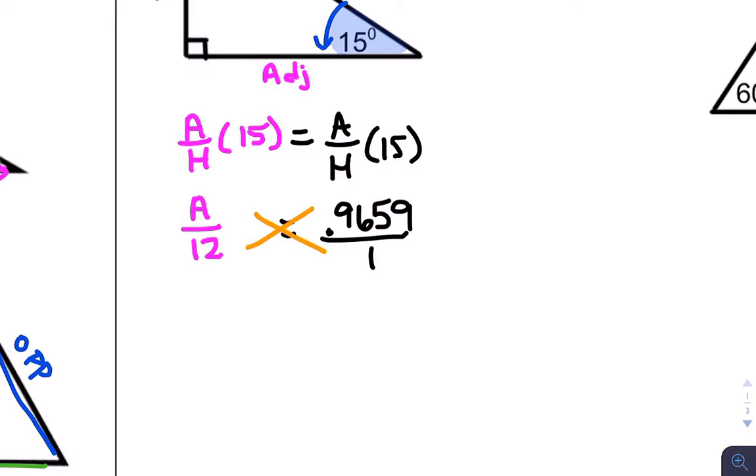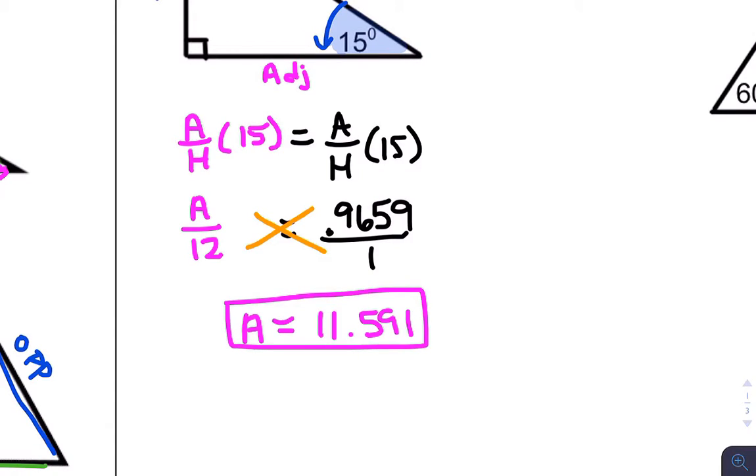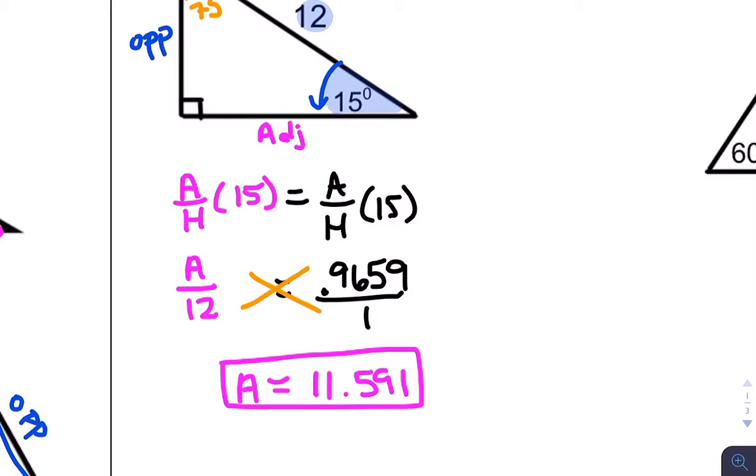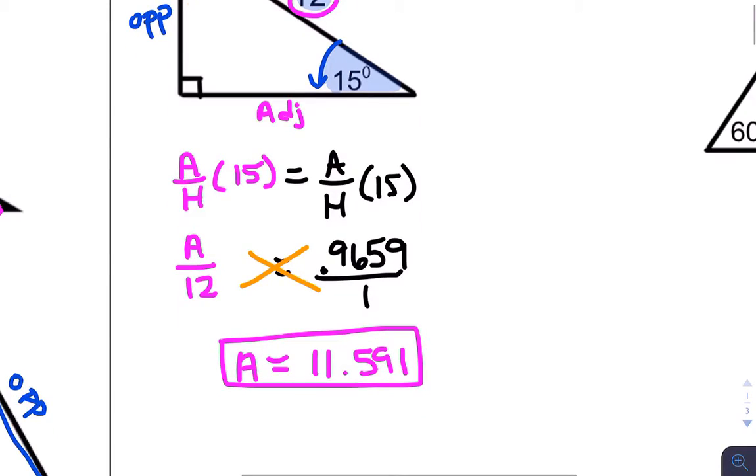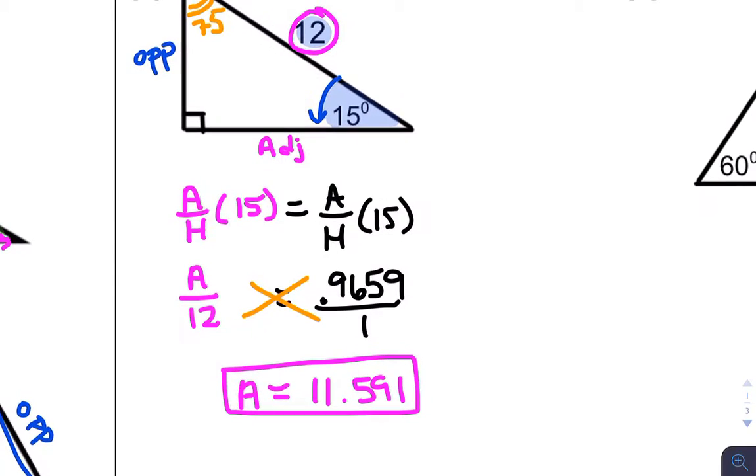And doing a quick cross multiplication, we have that A is going to be the same as 11.591. Okay? And so that shall be our adjacent side. Now, comparing that to the hypotenuse, that seems to be okay. The hypotenuse is still larger, so the adjacent side seems to make some sense.